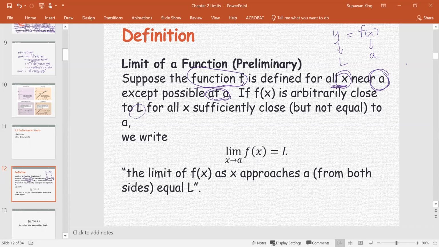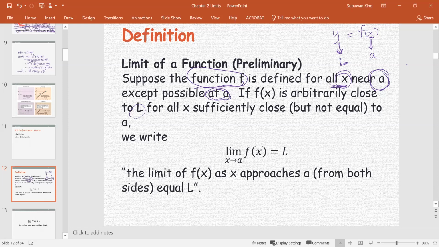For the function, we use the notation y equals f of x all the time, right? The short version of this definition is x very close to a, and y is close to the value L. So two things, the x version and the y version.